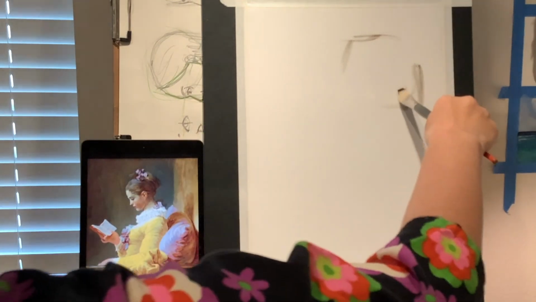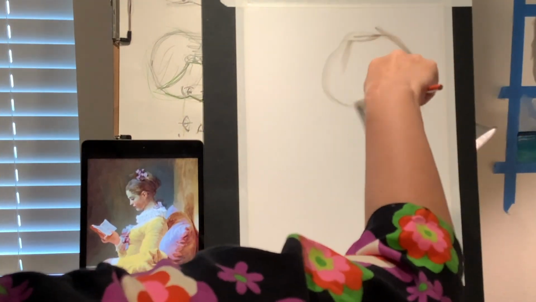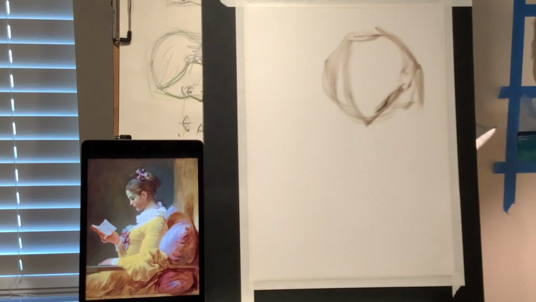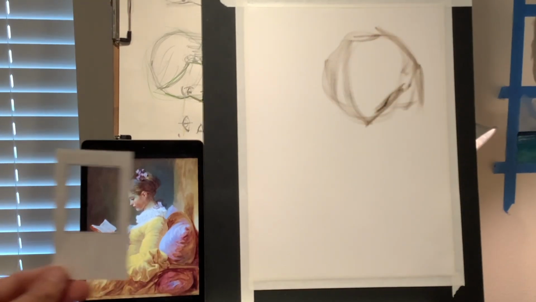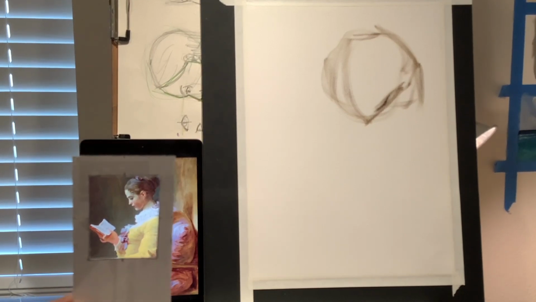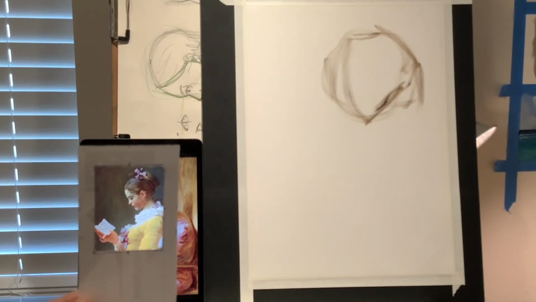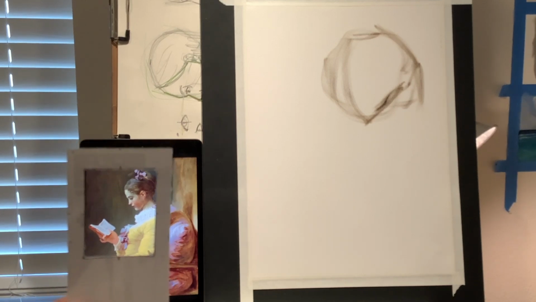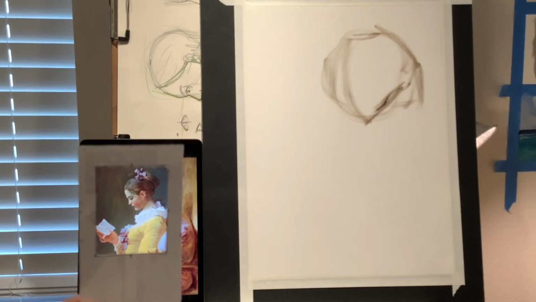So I'm thinking like, okay, here's the bun. The head is gonna be somewhere like this, right? Now, I'm gonna do this again, and I'm just gonna contemplate how big her head is in the scheme of my canvas. Now I'm looking at the book. Where does the book end up? A little under halfway.